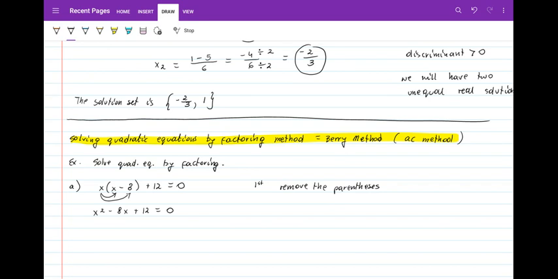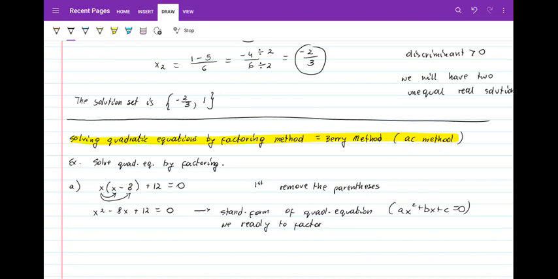And we're going to start solving because this is standard form. So when we have standard form of quadratic equation, that means you're ready to factor.